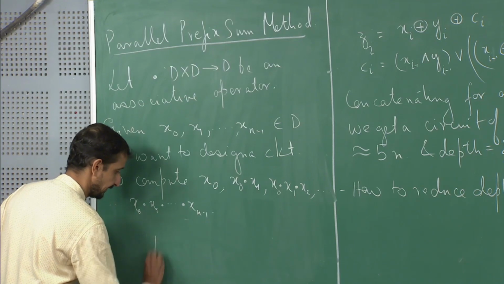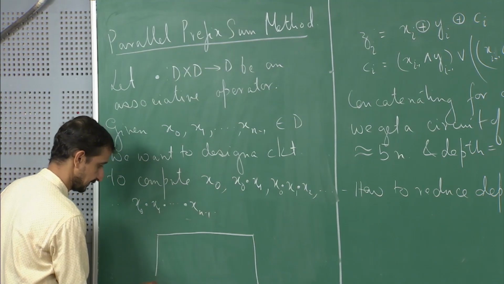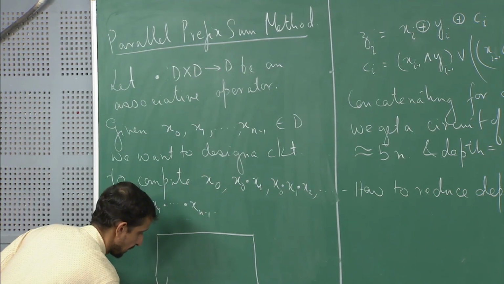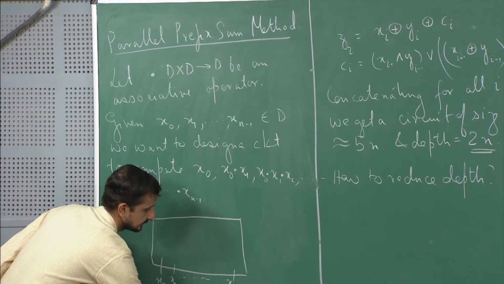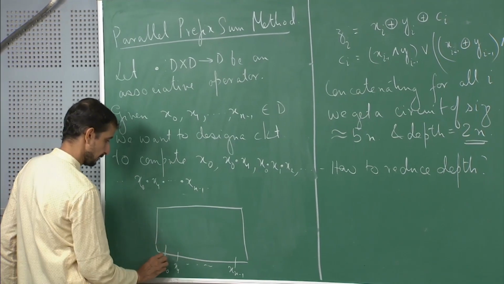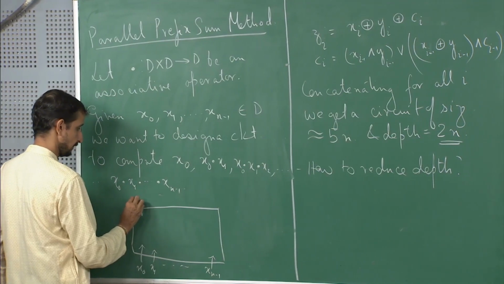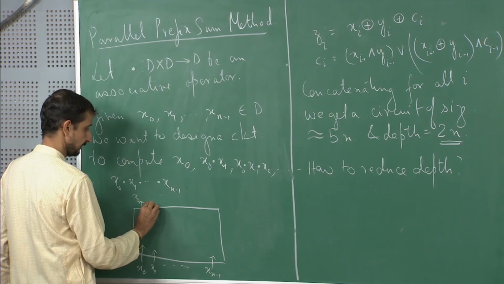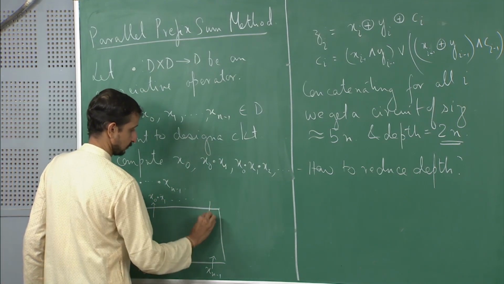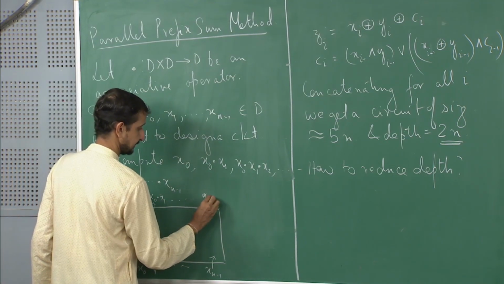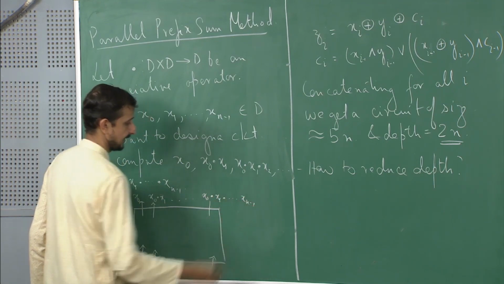If you think of it as a circuit, I want to build a circuit that takes x0, x1 up to x n minus 1 as input, and it must output x0 here, here it must output x0 dot x1 and so on till x0 dot x1 up to x of n minus 1.